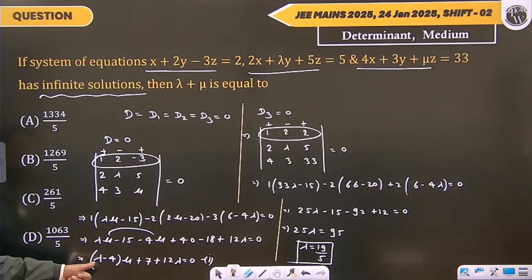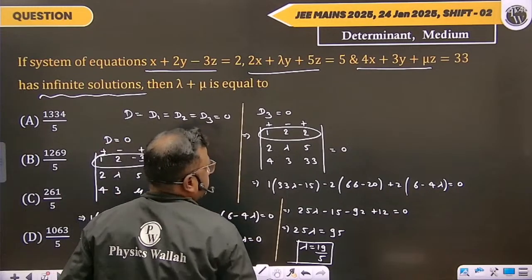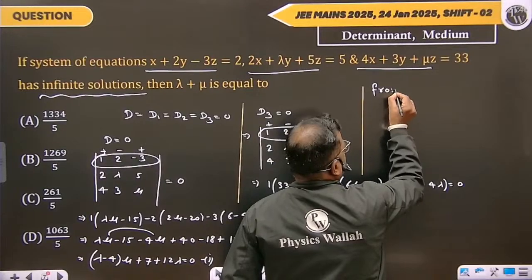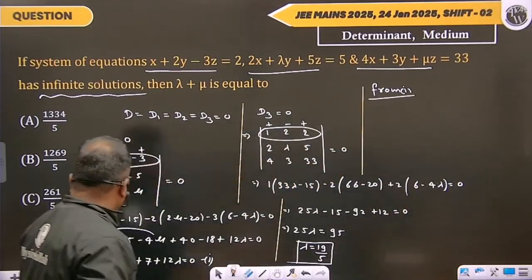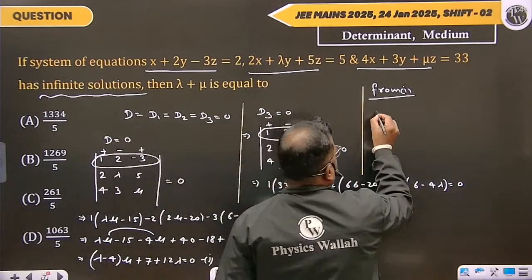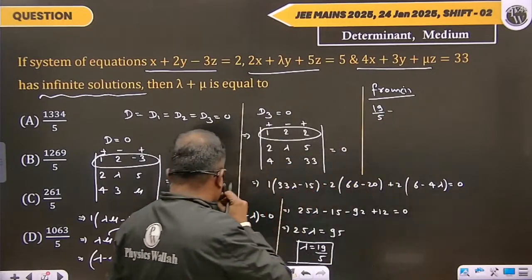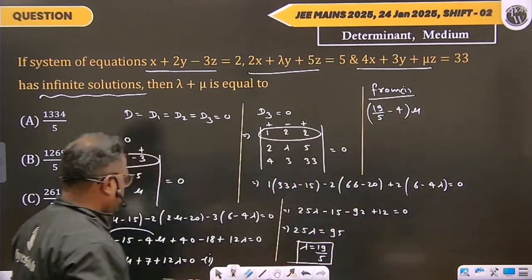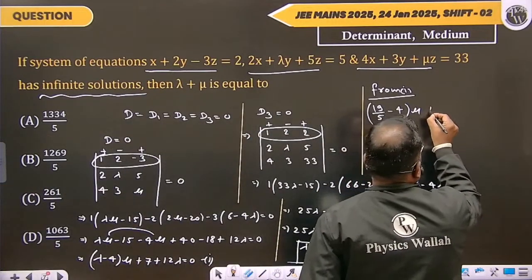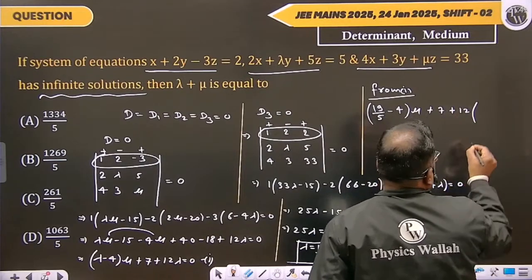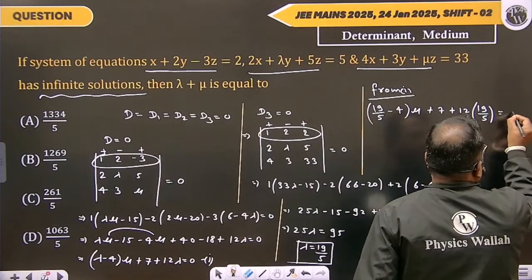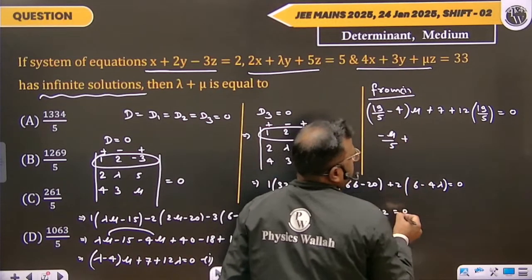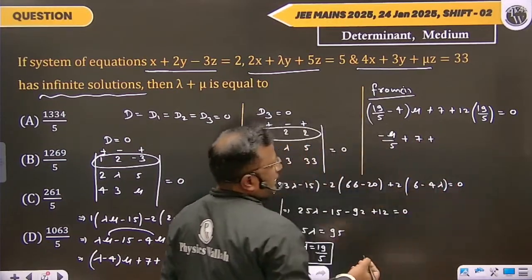Now find the value of mu: put the value of lambda in equation number 1. 19 upon 5 minus 4 mu plus 7 plus 12 times the value of lambda, 19 upon 5, equal to 0. Okay, solve it, multiply by this. 20 minus mu upon 5 plus 7 plus 12 into 19.